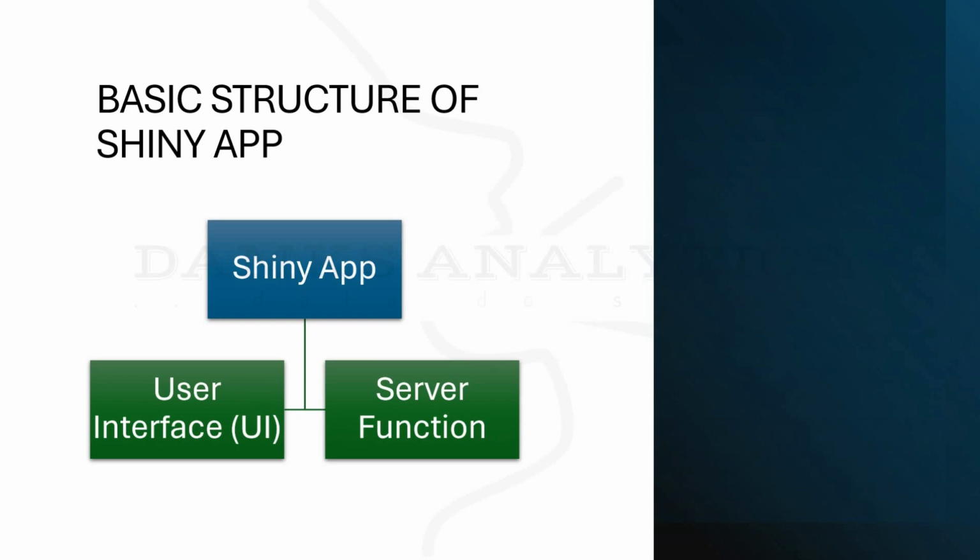This is what the people using your application will be interacting with. The user interface defines what the app looks like and how the user actually interacts with it. Then the second part of the Shiny app.